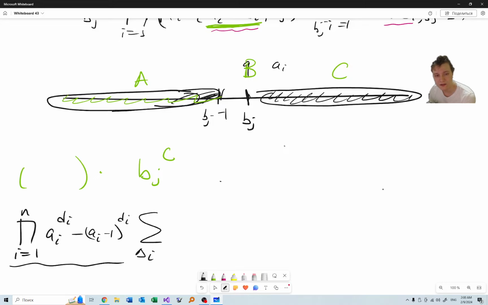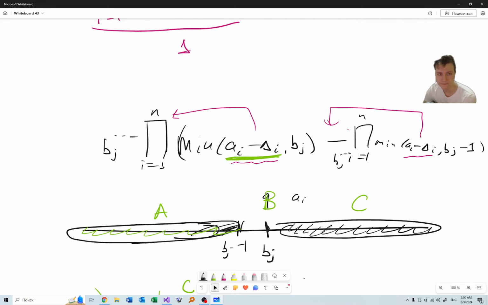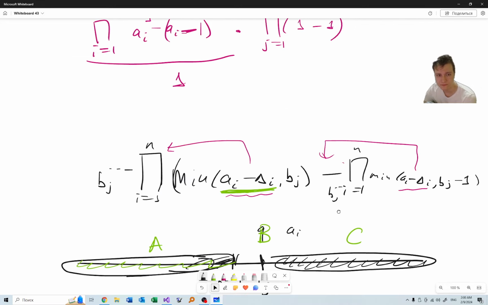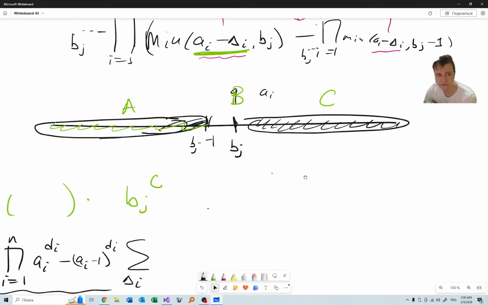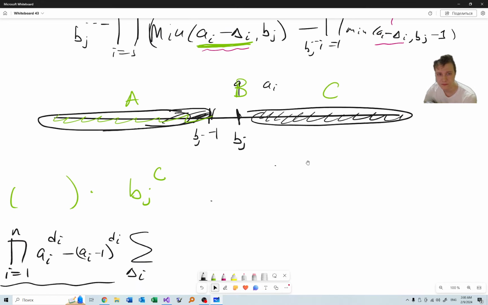Then we consider the product for all j's from 1 to n.